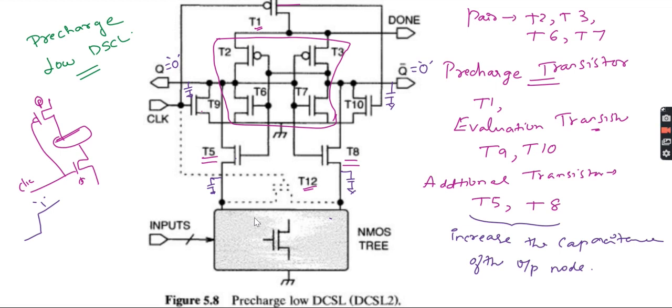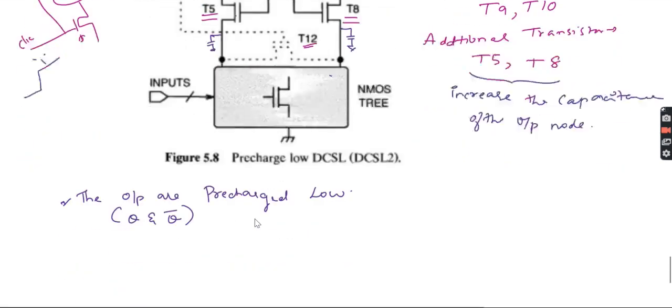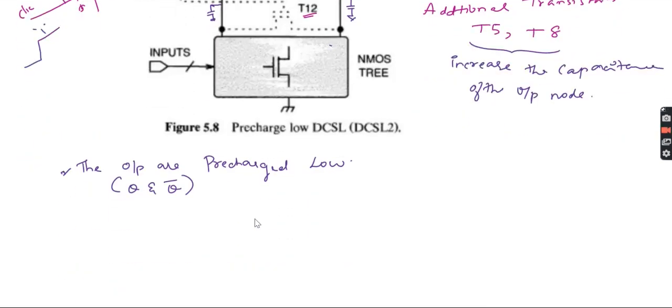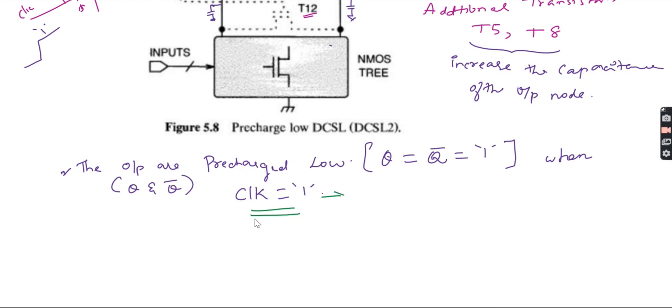Now the circuit will be in the pre-charged state with Q and Q bar at a low value and the clock at a high value. That is it. So when the clock is high, which mode will it be in?